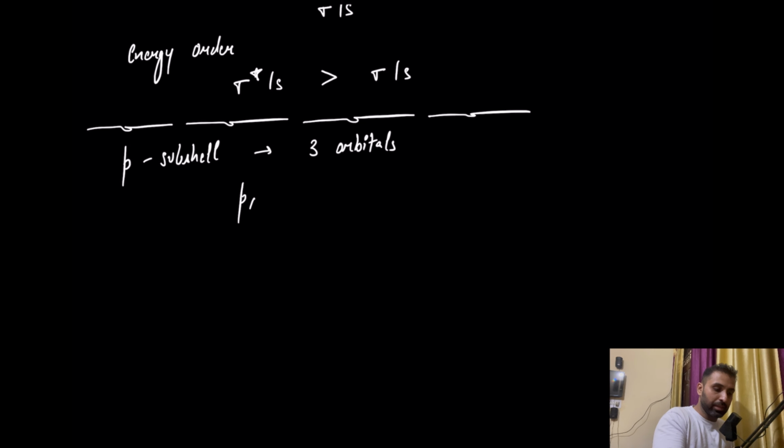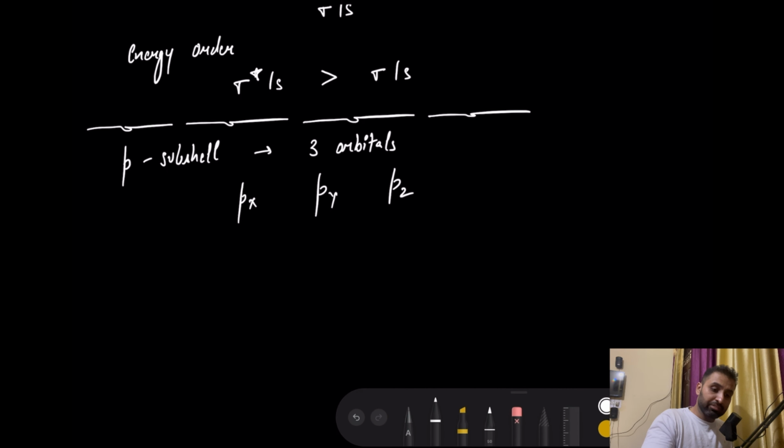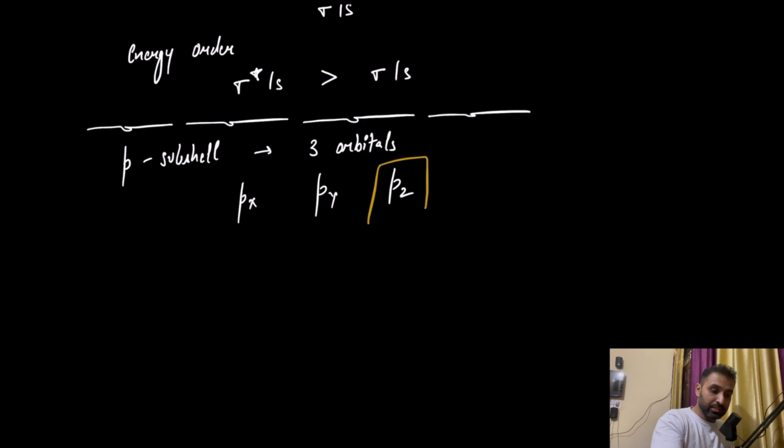That's px, py, and pz. Out of these three, one will form sigma bond and the other two will form pi bond. And specifically, here pz will form sigma bond and px and py will form pi bond.